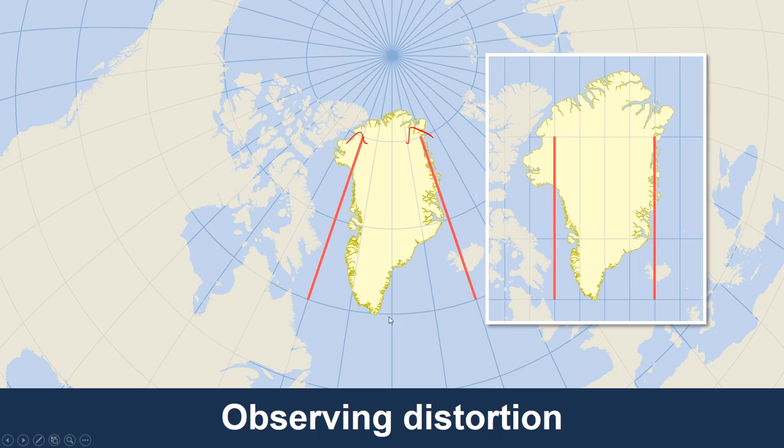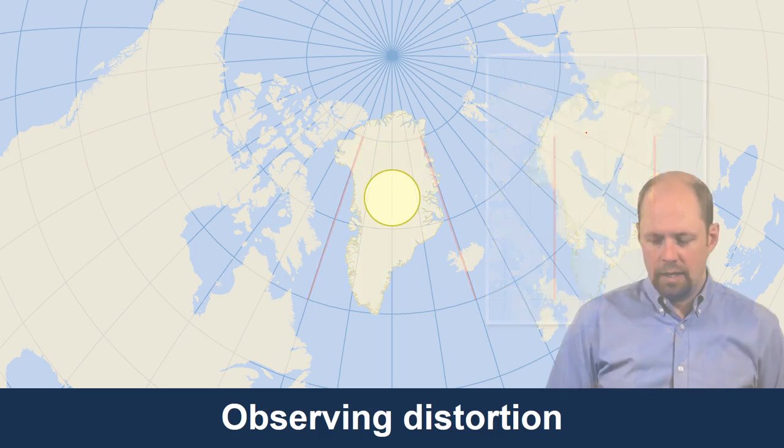But on the Mercator version, those same lines are not converging anymore. They're now parallel. So this is getting stretched out, right? Instead of them converging like this, they become parallel. And so you're stretching that part of Greenland horizontally.